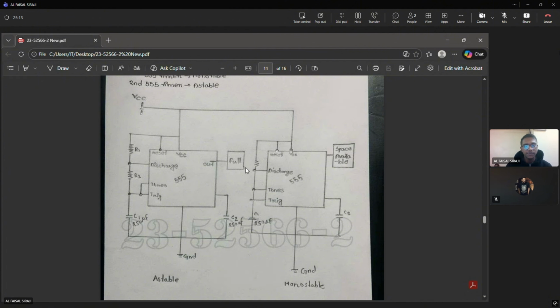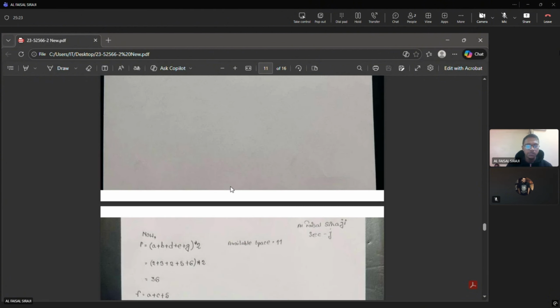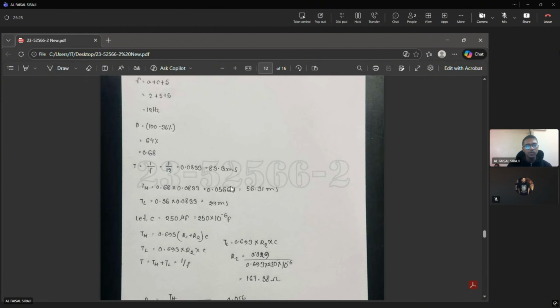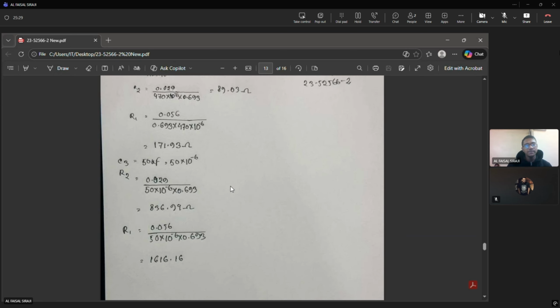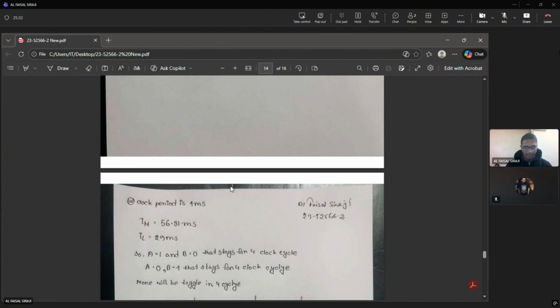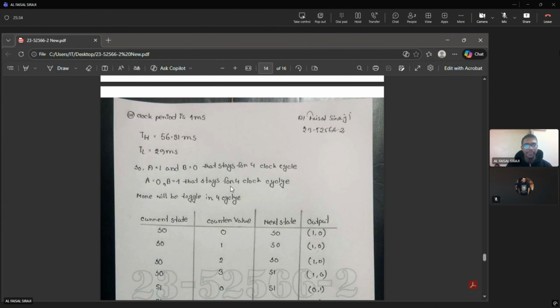But if we use 250 microfarad, then the resistance in R1 and R2 is very high, which helps us to get accurate readings for displaying full and space available. So we can use 250 microfarad for this digital parking system.